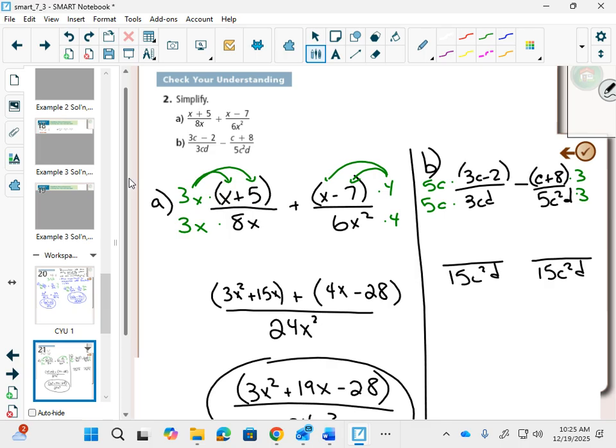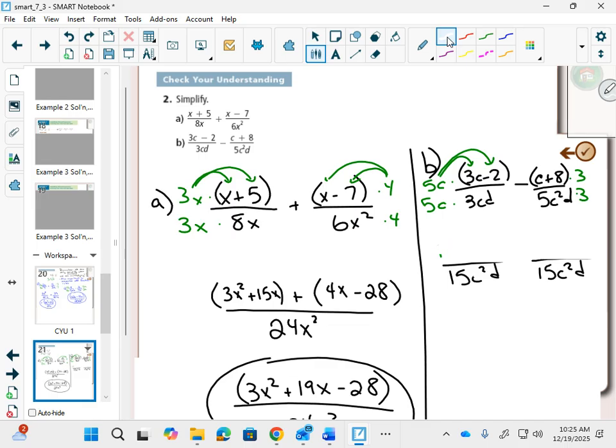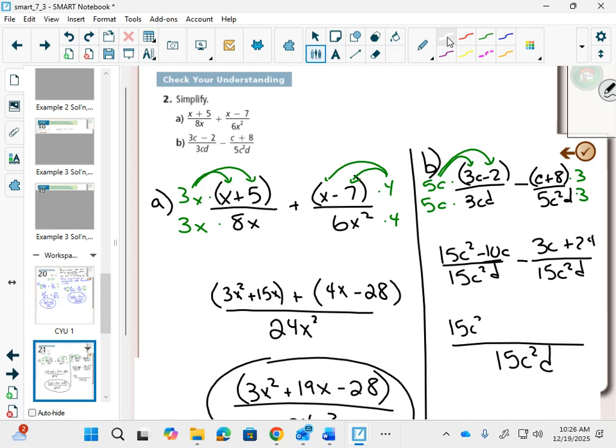And I'm going to put brackets around this because I have to distribute. So here I'm going to get 15c squared minus 10c, subtract, and then here I'm going to have 3c plus 24. So I get my common denominator. It's going to be 15c squared d, and I had 15c squared minus 10c minus 3c plus 24.